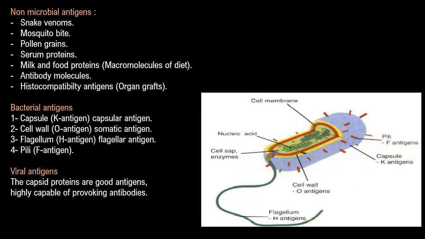Next are non-microbial antigens. One of them is snake venom, then mosquito bite, pollen grains, serum proteins, then milk and food proteins. We cannot say that in each human being these proteins will trigger an immune response, because each individual is different.